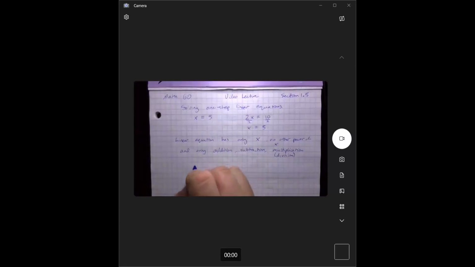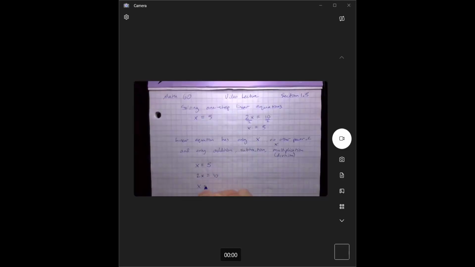So I could have something like, well, if I have x equals 5, that's a linear equation because it has only x's. It has no other powers of x. And the only mathematical operations, well, there's nothing other than addition, subtraction, multiplication, or division. There's actually nothing here at all, but that's still a linear equation. 2x equals 10, that's linear because it has only an x, and the only operation in this case is a multiplication.